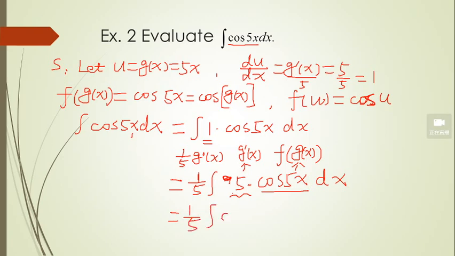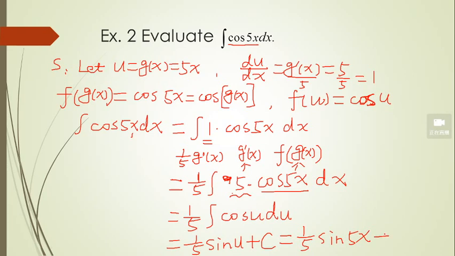So that will be f(u) du, the same f(u) du, but we keep the fraction outside. So 1/5 cos(u) gives sin(u) plus a constant c. Then what is my u? Sin(5x), so the answer is 1/5 sin(5x) plus c.